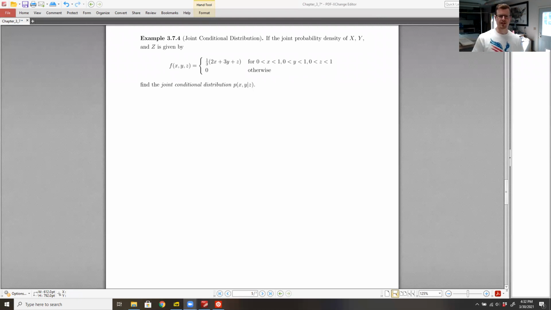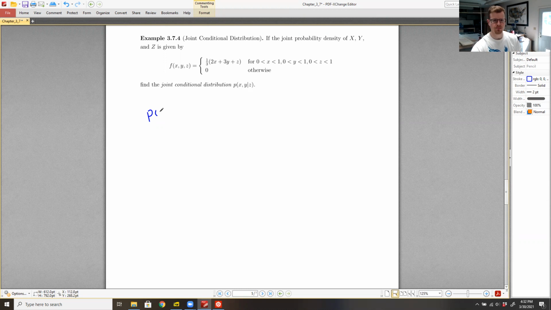So in this case, again, three continuous random variables, and we want to look at this joint probability density and find the conditional distribution. For the conditional distribution, it's just a matter of dividing by the distribution of the functions where they're given specific values.